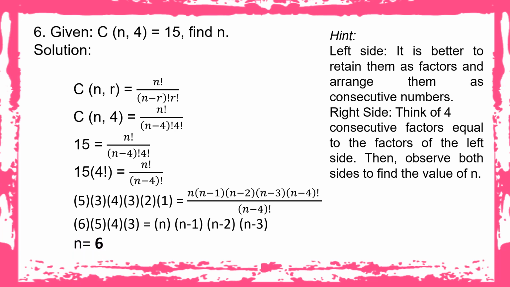And then these 4 consecutive numbers are 6 times 5 times 4 times 3, and we are looking for the value of n in combination. So just look for the biggest number in the consecutive factors. So it is 6. So n is equal to 6.